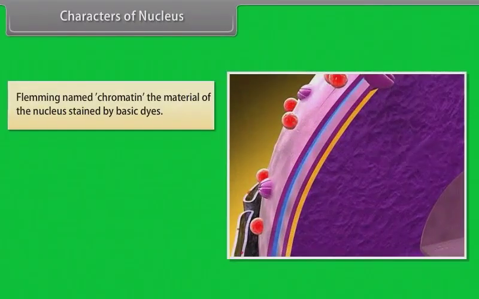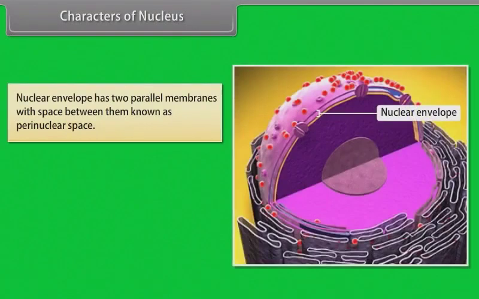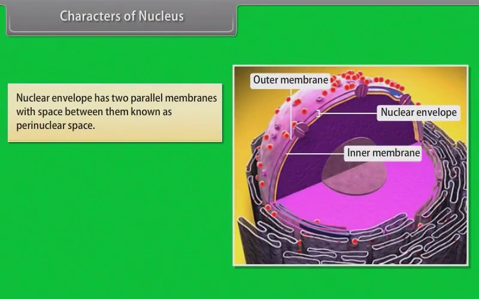Fleming named chromatin the material of the nucleus stained by basic dyes. The interphase nucleus has highly extended and elaborate nucleoprotein fiber called chromatin, nuclear matrix, and one or more spherical bodies called nucleoli. Nuclear envelope has 2 parallel membranes, with space between them known as perinuclear space.